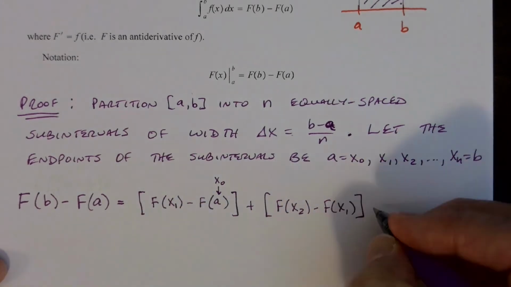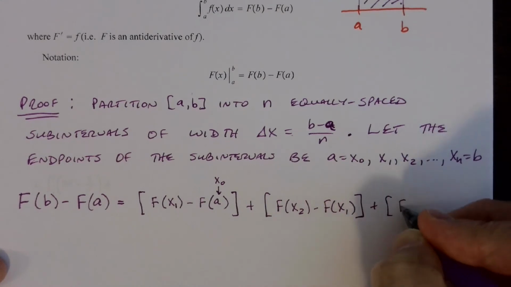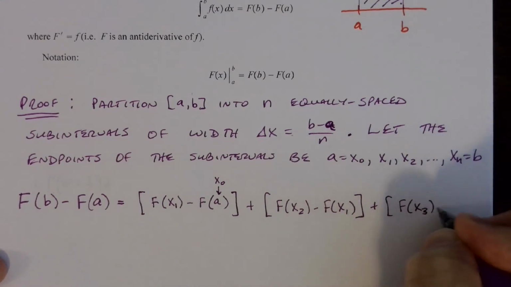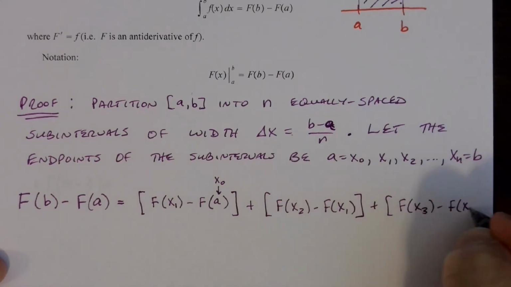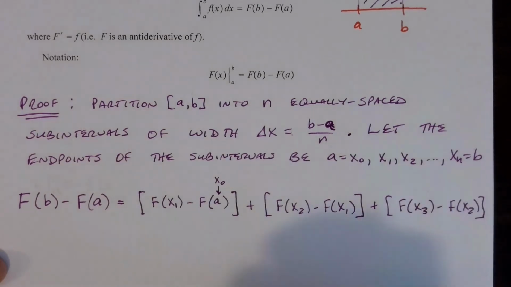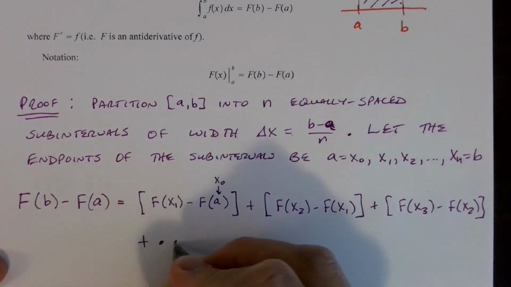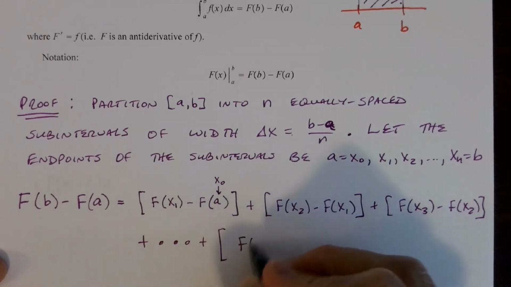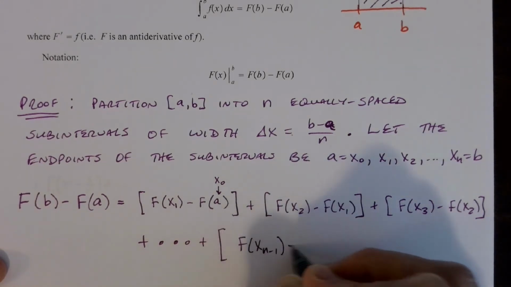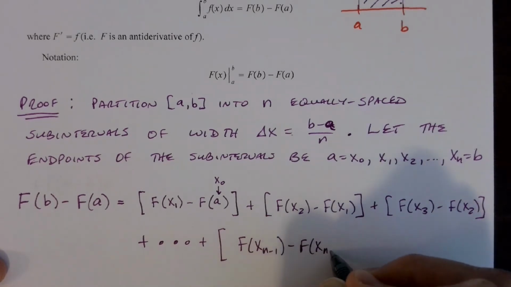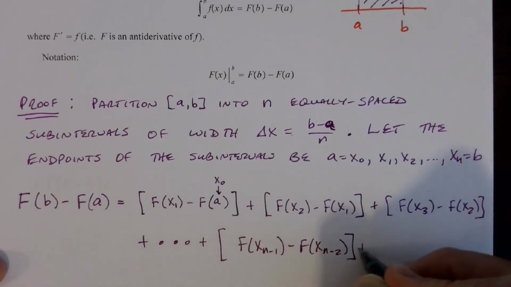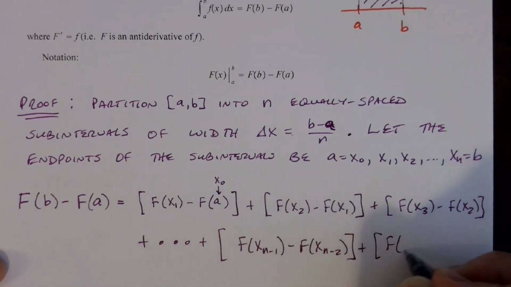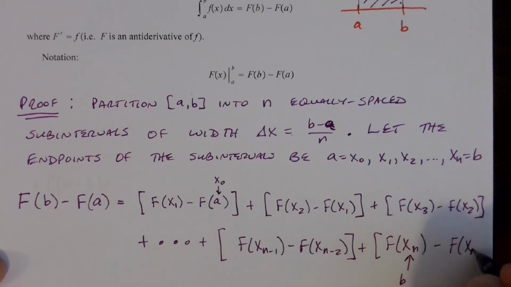I'll do one more: F of x sub 3 minus F of x sub 2. Okay, and that pattern I'm going to continue all the way down to the last. Let me do the last two. This one will be F of x sub n minus 1 minus F of x sub n minus 2. And then I'll have F of x sub n, remember that's b, minus F of x sub n minus 1.